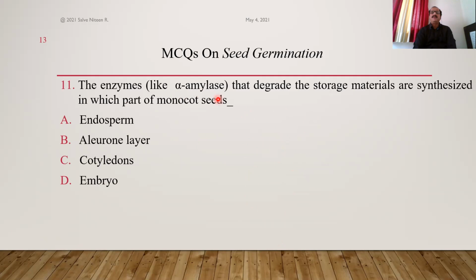The enzymes alpha amylase are synthesized in this aleurone layer. So the answer is B, because you studied that the scutellum and the embryo axis, the parts of the embryo, secrete the hormone gibberellic acid, and that gibberellic acid initiates formation of hydrolytic enzymes in the aleurone layer, and these hydrolytic enzymes are then responsible for the mobilization of storage material. So here the answer is B.